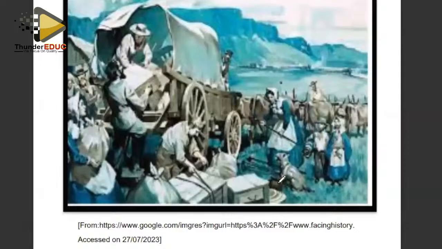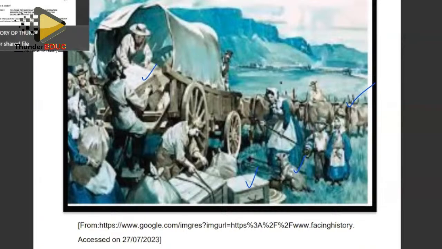Whatever you can figure out here is part of their belongings. Whatever you might think of is being loaded here is part of their belongings. Their animals, their pets, their livestock, or whatever you can think about as a belonging of someone who is moving permanently away from a given place qualifies to be a correct response to that one.